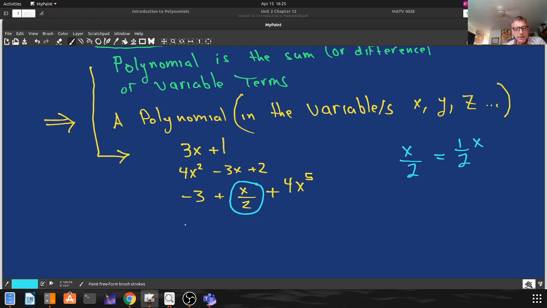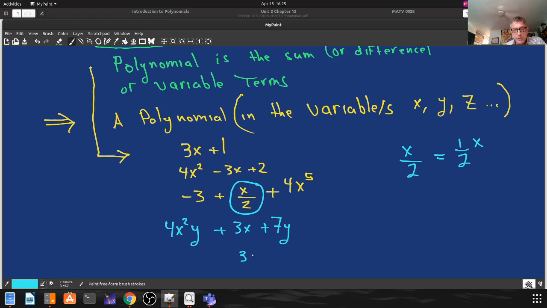And let's do another example. I'll give you an example of a polynomial in two variables. 4x squared y plus 3x plus 7y. Now notice, each term doesn't have to have both variables in it, but the sum of terms has more than one variable, and they are x and y.